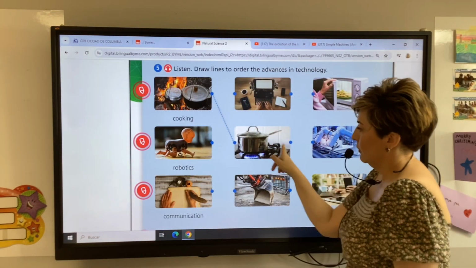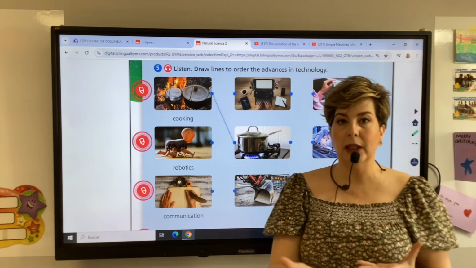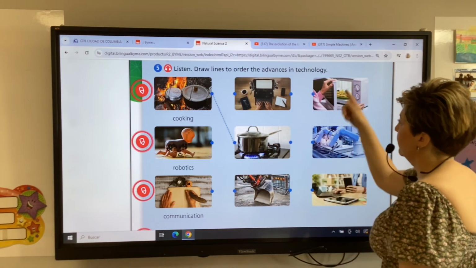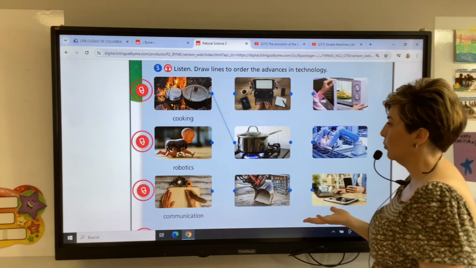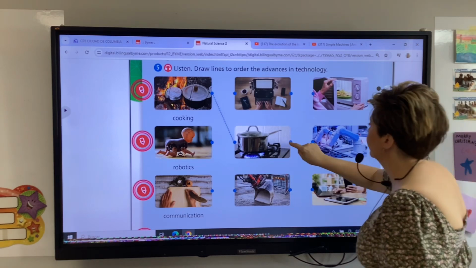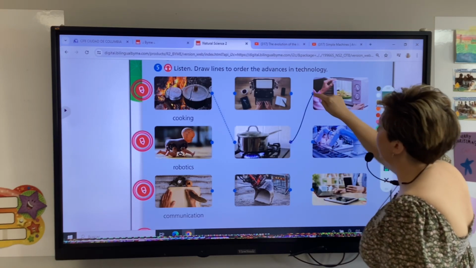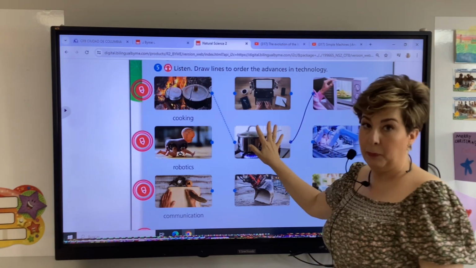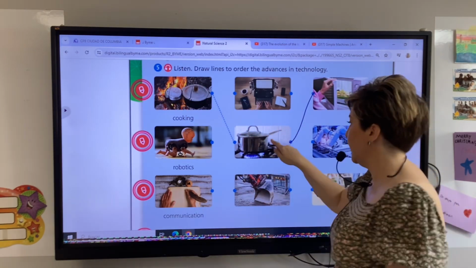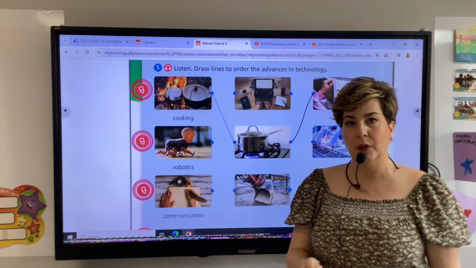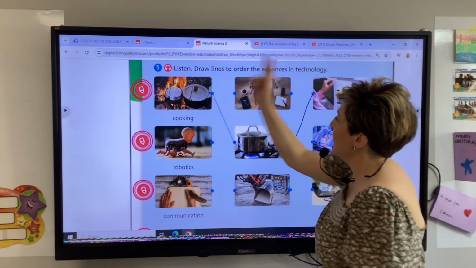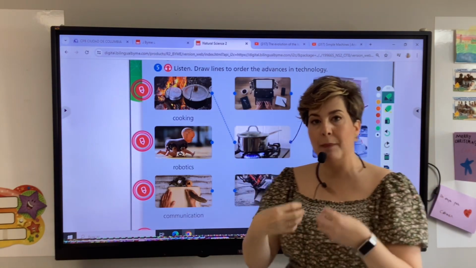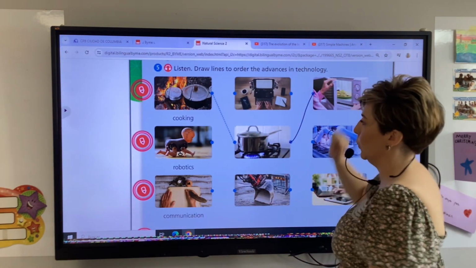Then we had an electric or a gas cooker, and then we had the microwave. So this would be the past. This is the present, but after this we have this invention. So this would be the improvement. Improvement means mejora, the improvement in cooking.